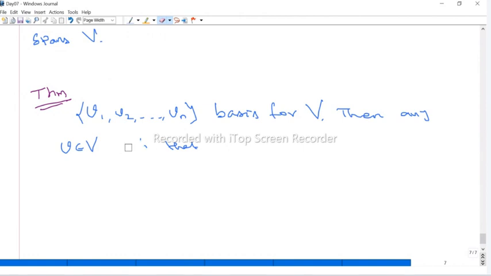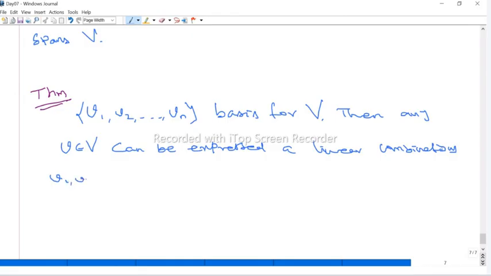So any V in V can be uniquely expressed as a linear combination of v1, v2, etc., vn.